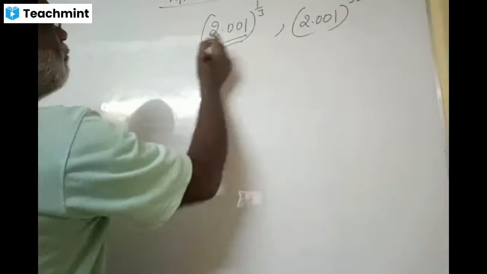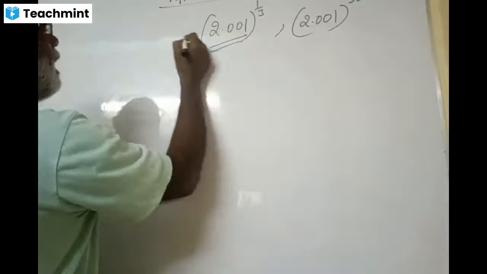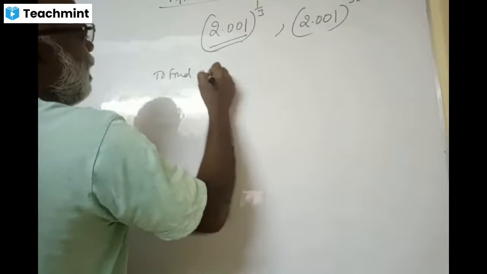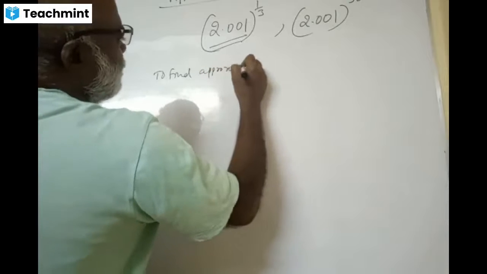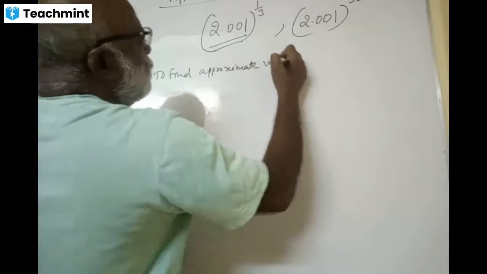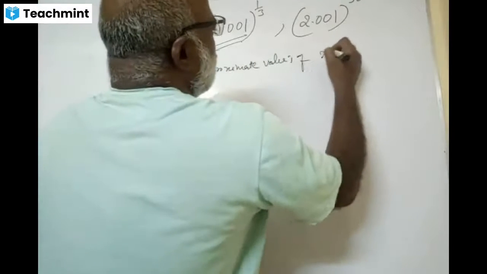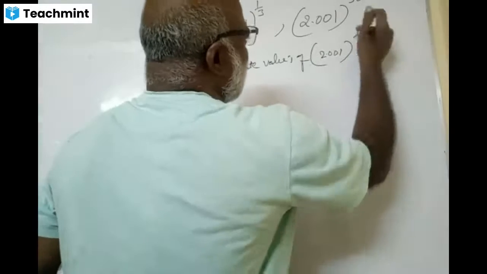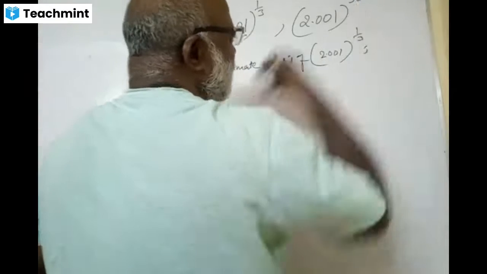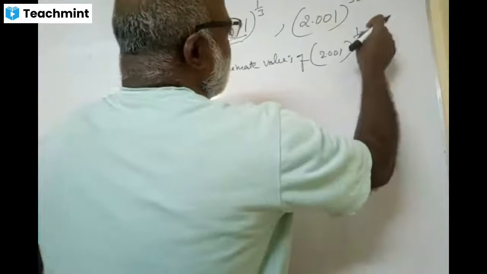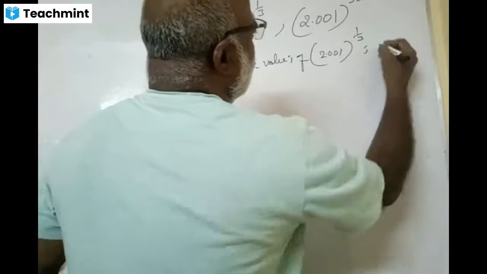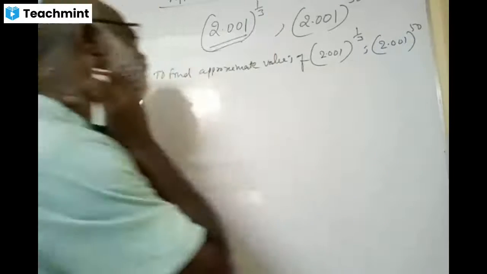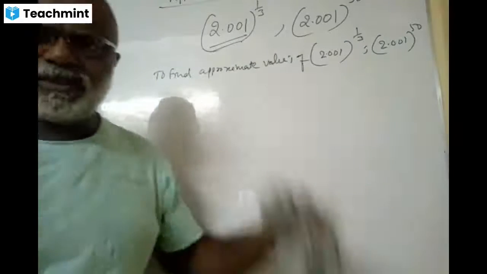So friends, we need to find the approximate values of 2.001 whole power 1 by 3, or 2.001 whole power 15. How to find the values of such numbers?